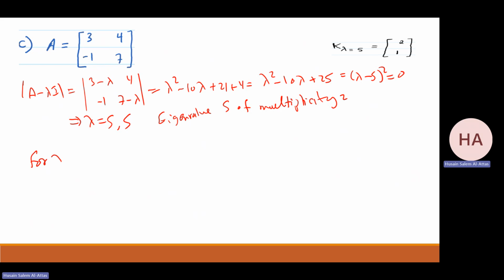Now for lambda equal 5, I have to check the eigenvectors. I need to let V be K1, K2, and solve this, which is 3 minus 5, that is minus 2, 4, minus 1, 7 minus 5, that's minus 2.